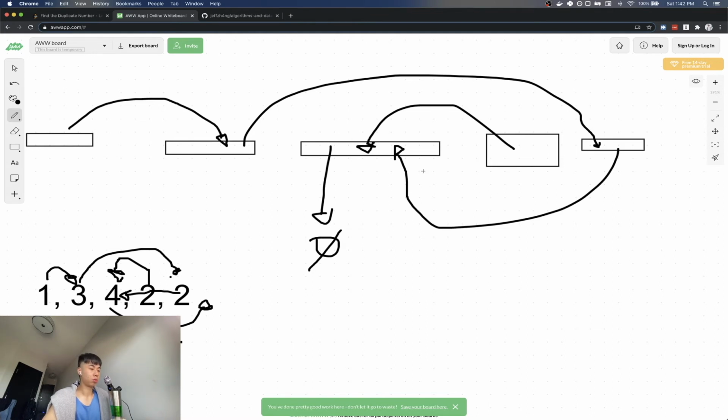So there's not a cycle per se because 0, 1, 2, 3. Nothing is pointing to this node.